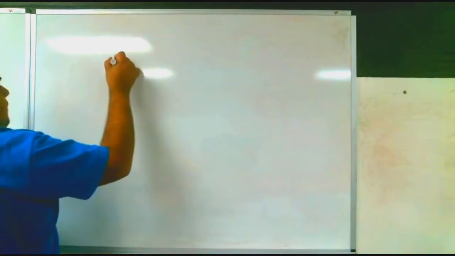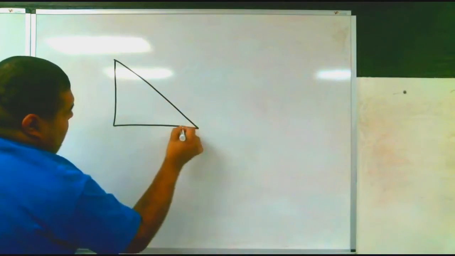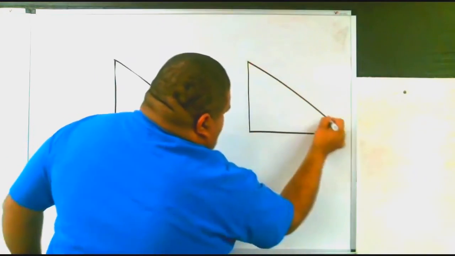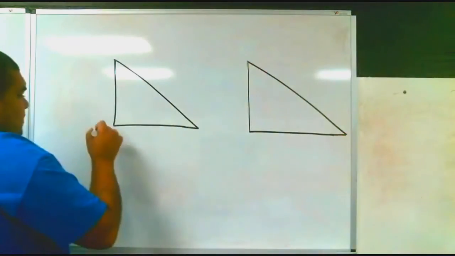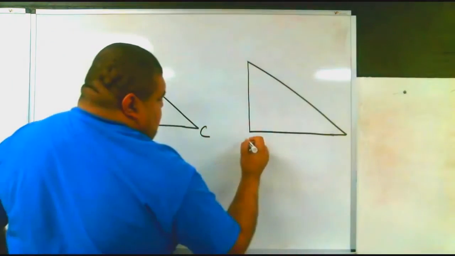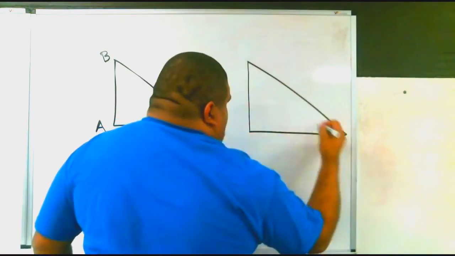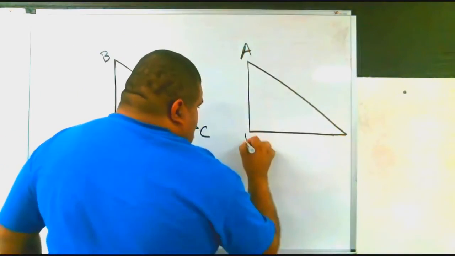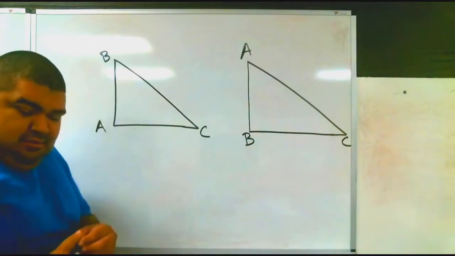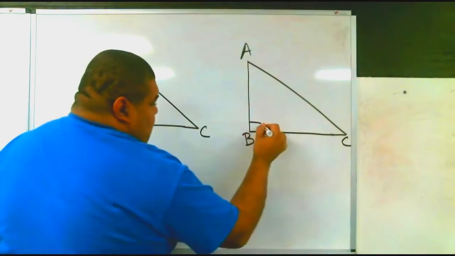Label them A, B, C, and then A, B, and C. They're both obviously a 90-degree angle.